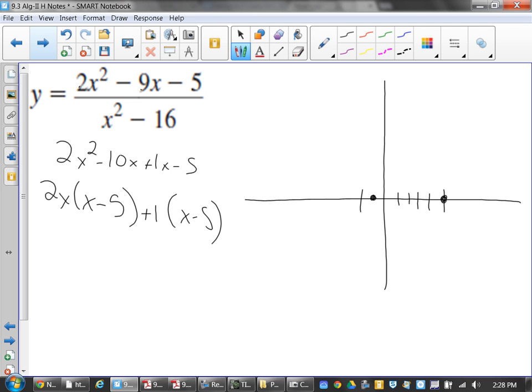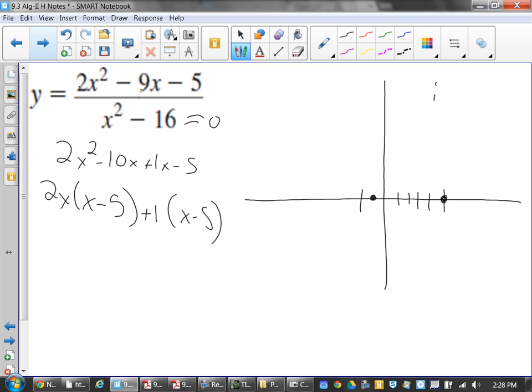Now I go to find my vertical asymptotes. Vertical asymptotes are at zeros of the denominator. Where are my asymptotes? Yeah, because you're factoring. 4 and negative 4. Good.